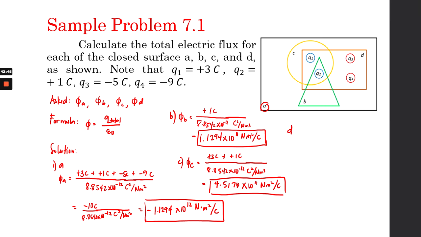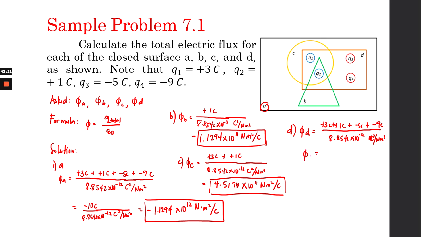And lastly, the electric flux for D. If you look at D, this is your surface D, and everything is inside. Therefore, it is the same as A. So that is just positive 3 coulombs plus positive 1 coulomb plus negative 5 coulombs plus negative 9 coulombs divided by 8.8542 times 10 raised to negative 12 coulomb squared per newton meter squared.